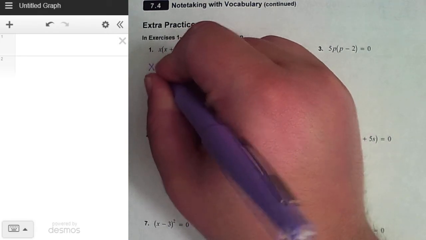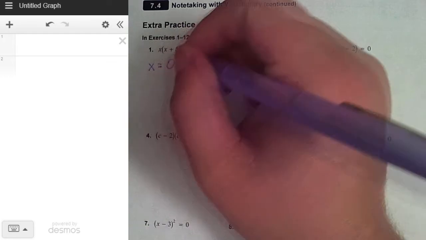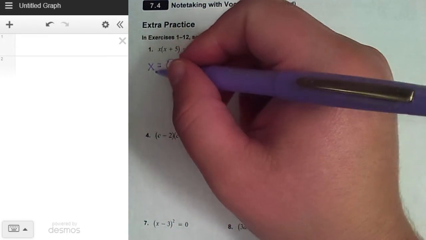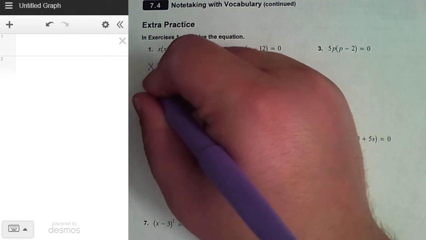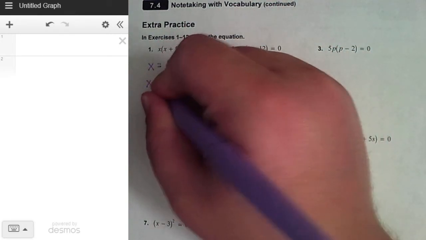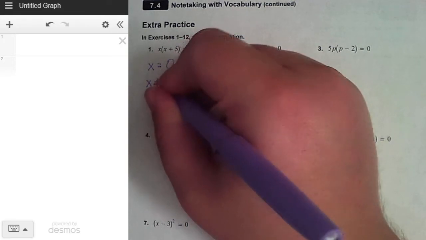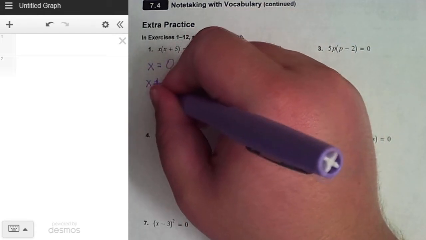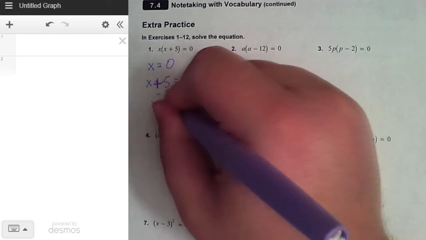Our first one, x equals 0, we just set it equal to 0, and we've got it. The other one, x plus 5 is equal to 0. Solving for x, we need to subtract 5 from both sides, and we get x is equal to negative 5.